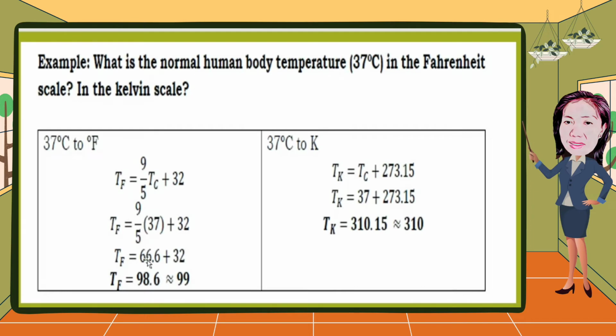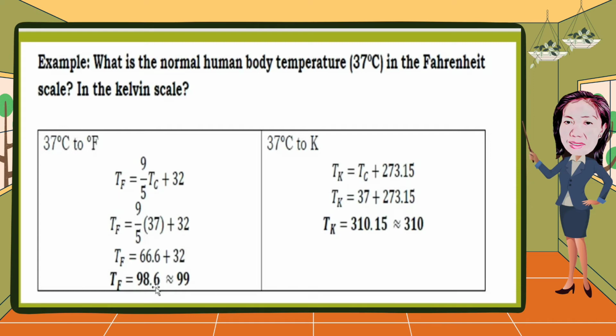The answer is 66.6. Then you add plus 32. So, answer dapat is 98.6. Did you get the answer in your calculator? 98.6. Okay, very good.